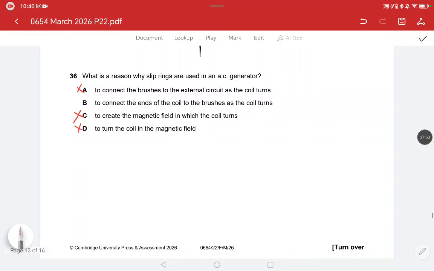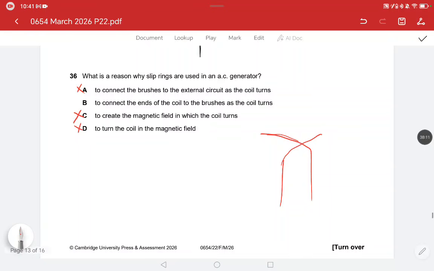And remember, if the coil is not turning, if the slip ring is not slipping, it means that these two cables will interfere with each other. This will create a problem for me.